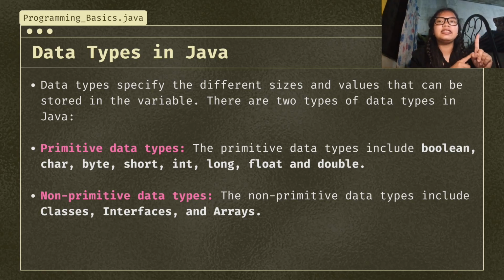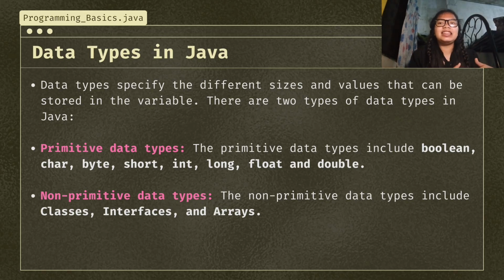The things included in the primitive data types are boolean, character or char, byte, short, integer or int, long, float, and double. While the non-primitive data types, also called reference types, store complex objects or collections, and can be customized and expanded.